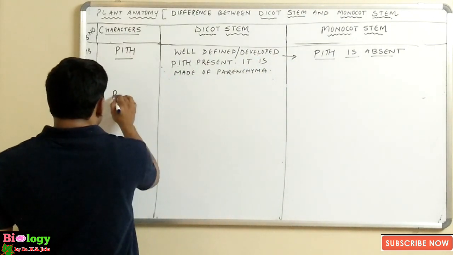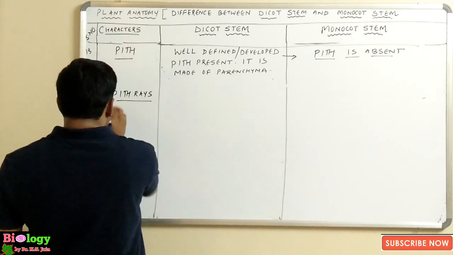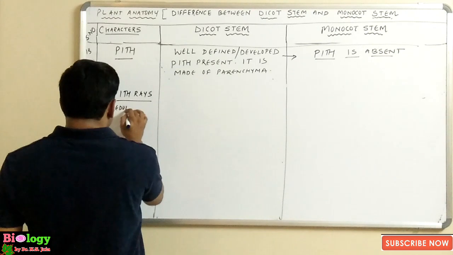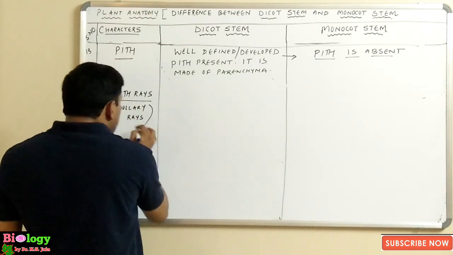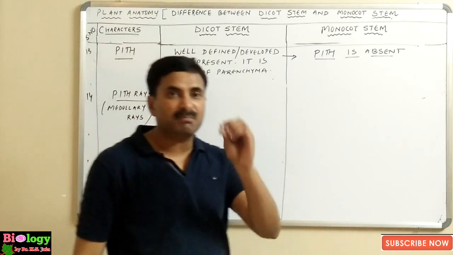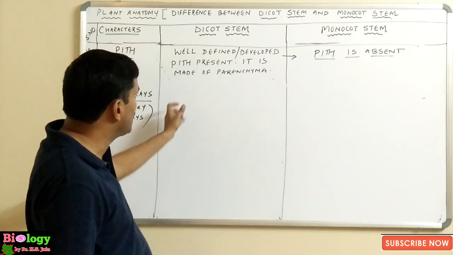The next point, pith rays. Pith rays means medullary rays. These pith rays are present between the vascular bundles.